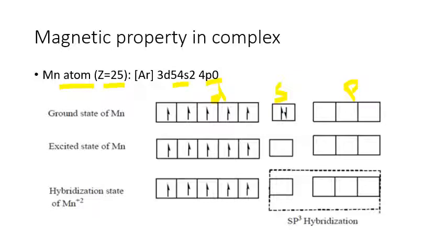Now when manganese loses 2 electrons and becomes the manganese ion, Mn2+, the 2 electrons are removed from the outer orbital, that is 4s. So when the 2 electrons are lost by manganese, the s orbital becomes empty and we have empty p orbitals.